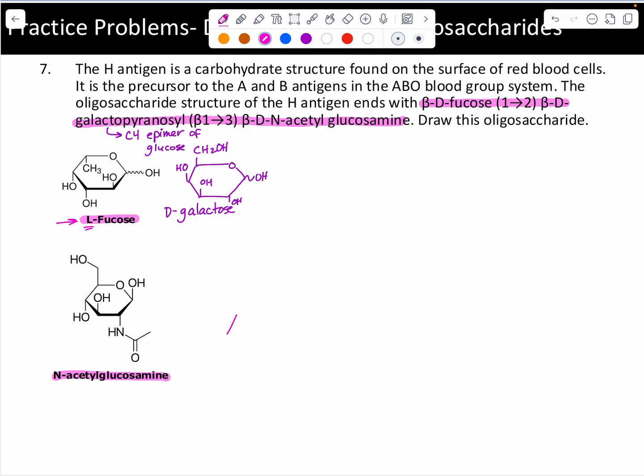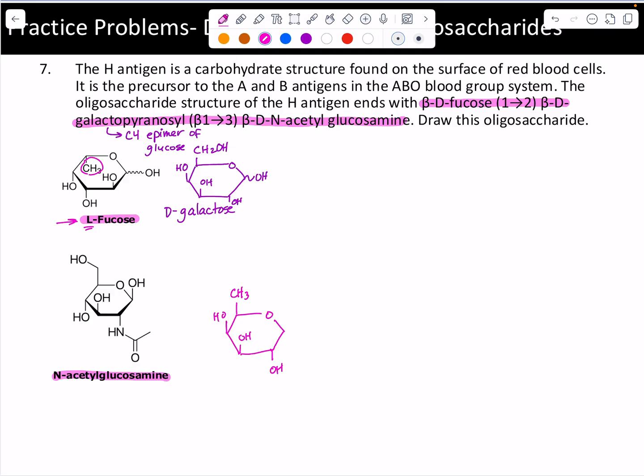So here's my fucose. And so this is going to go down. This one would go up. This one goes up. And my CH3 is now going to be up. All right, so I've made my D.